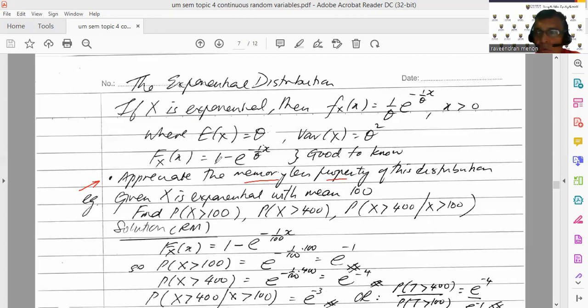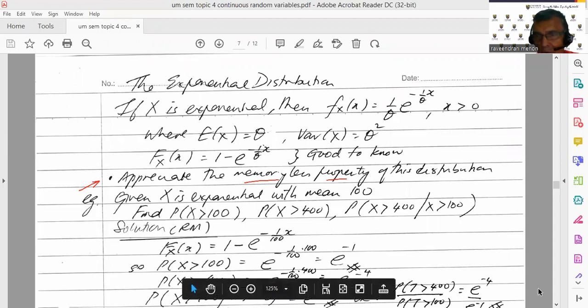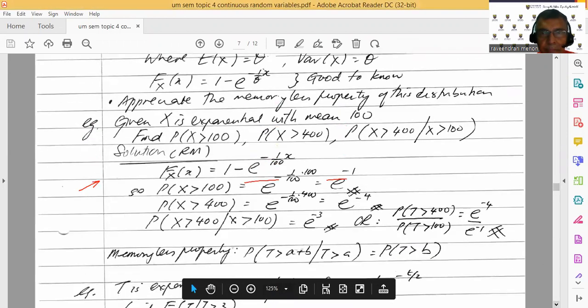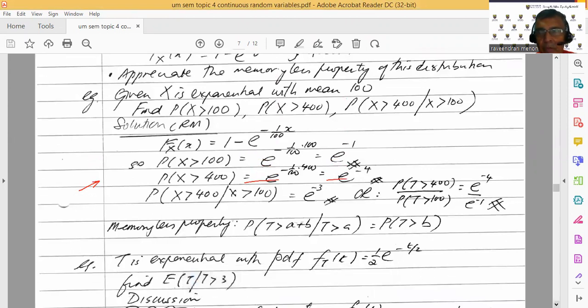We are told that x is exponential with mean 100. So we are told that theta is 100. You're asked to find the probability that x is bigger than 100.